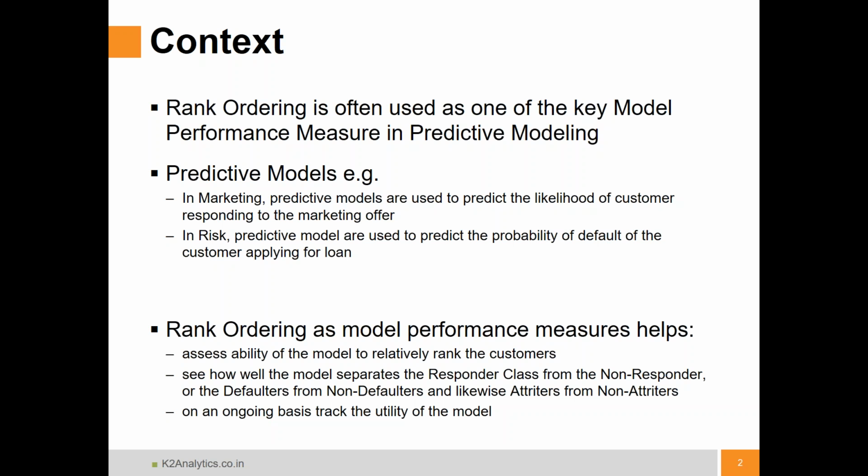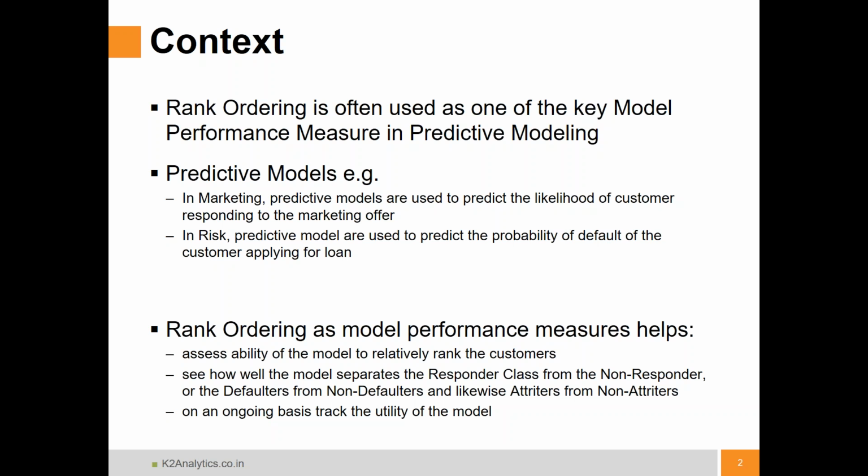When it comes to risk, and specifically banking, you're supposed to give loans. When you give a loan, you are taking a risk. The entire objective is not to give loans to customers who are going to default. Again, the probability helps you identify who is going to default and who is not.